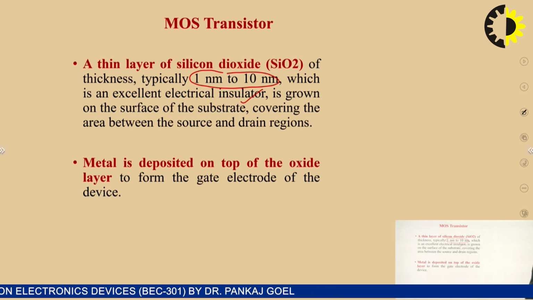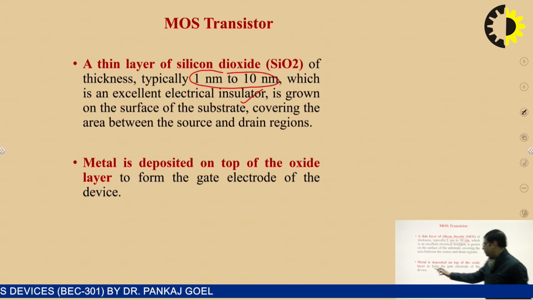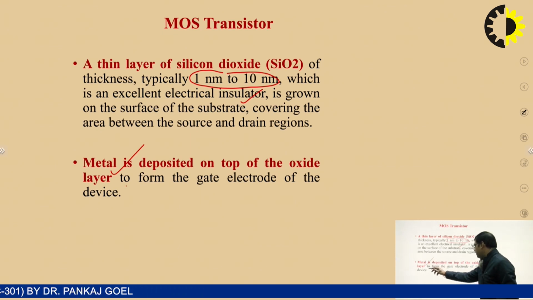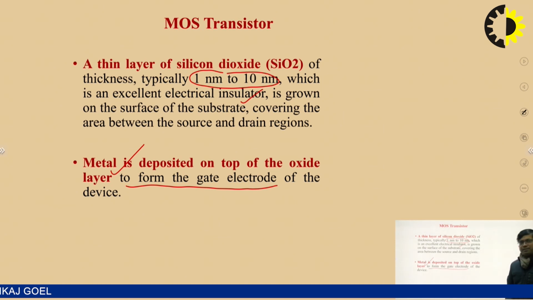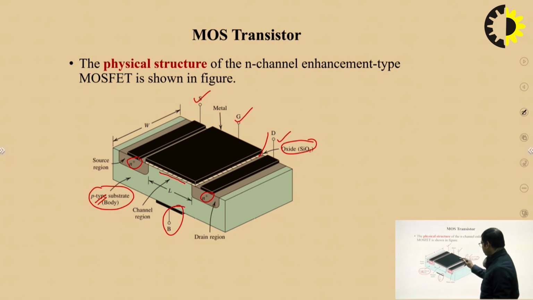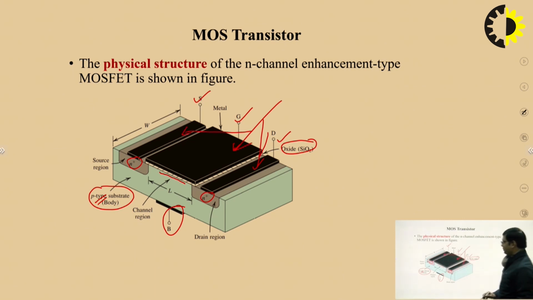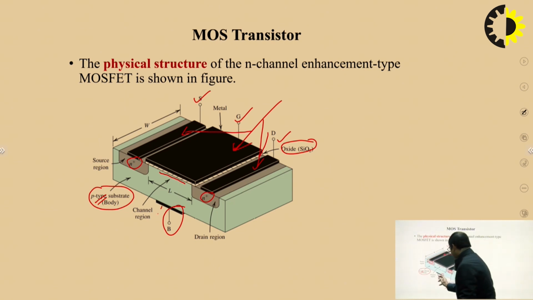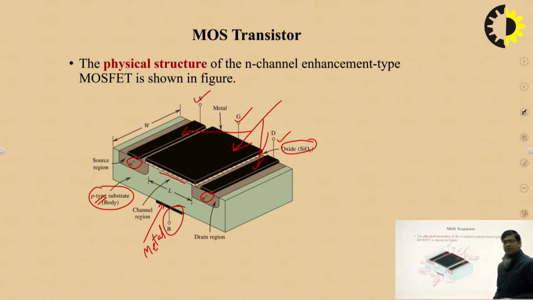On top of this, metal is deposited to form the gate electrode. Here we can see these black color layers are metals to create a contact for different terminals.